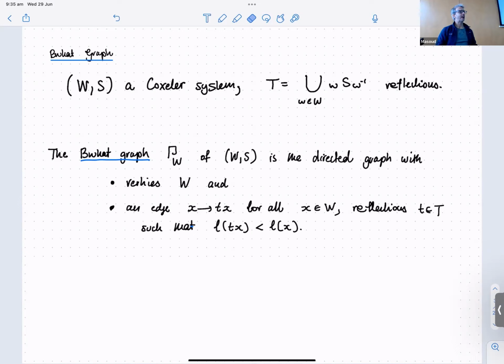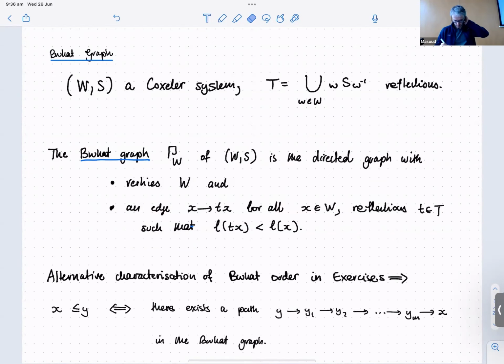This is just the Cayley graph of a Coxeter group where I'm taking the reflections as generators. And that's entirely correct. The only thing that's subtle here is the direction. We have a directed edge from x to tx if the length goes down. So as an undirected graph, this is simple. As a directed graph, it's complicated. Particularly its directed subgraphs are very complicated.